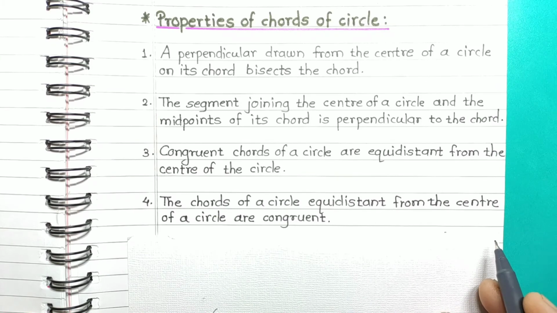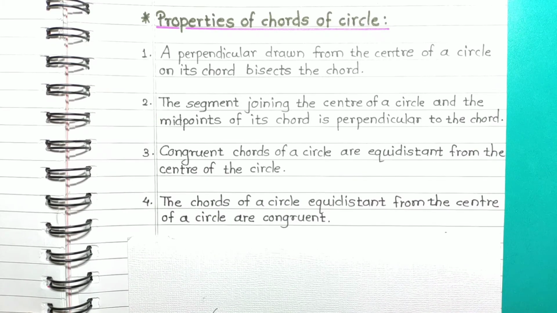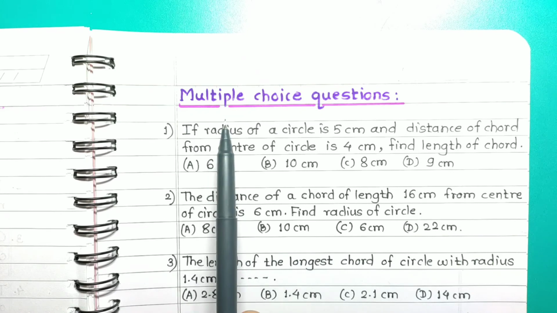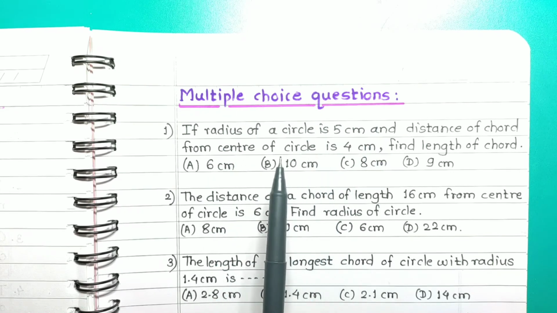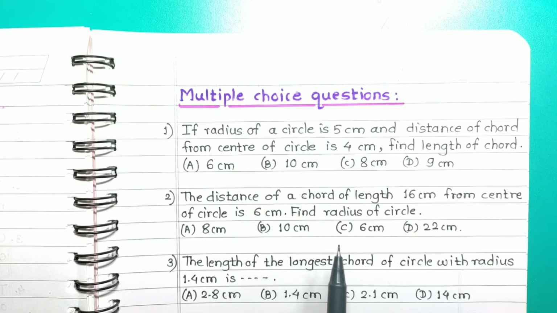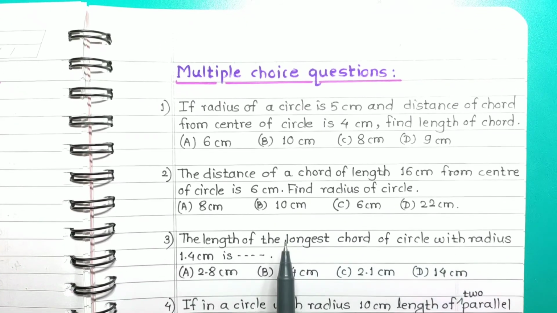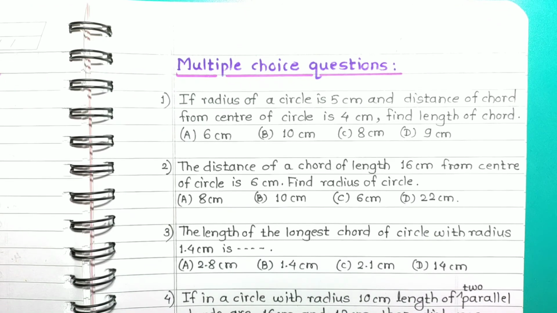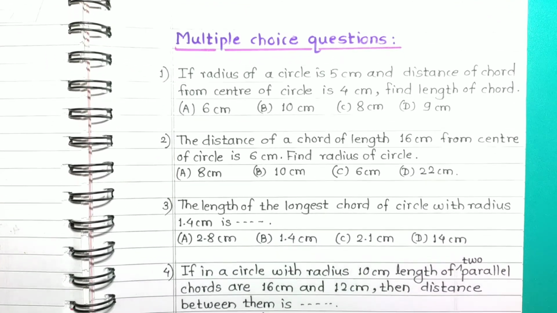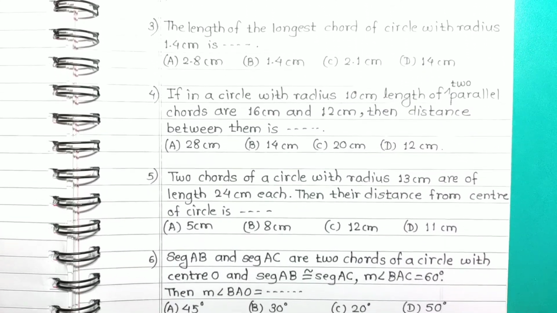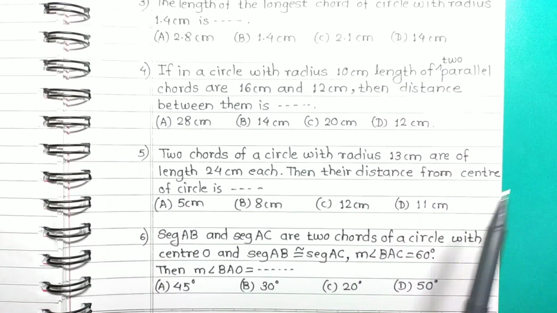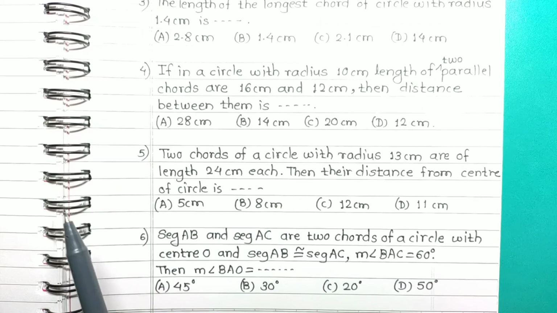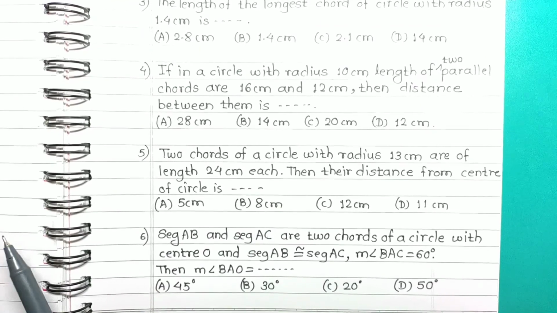Okay. Now there is an assignment for you. See, these are some multiple choice questions which you have to solve on your own. I'm not going to read them. Okay, you take a screenshot of these questions and solve on your own. I'll provide solutions, answers to these questions in the next video. Okay, these questions are based on the concepts which we have discussed in this session.